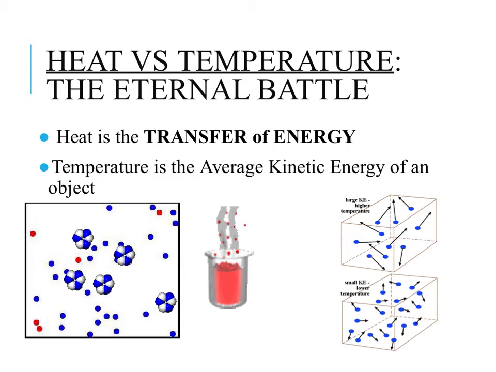No. So when you touch an object that is cold to the touch, like the desk, it feels cold because your hand is warmer than the desk, okay? Now your hand is going to transfer some of that heat to the desk. Once you take your hand away from the desk, you're going to be like, oh man, my hand's kind of cold now, okay?